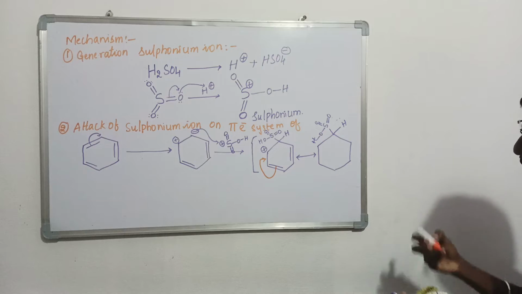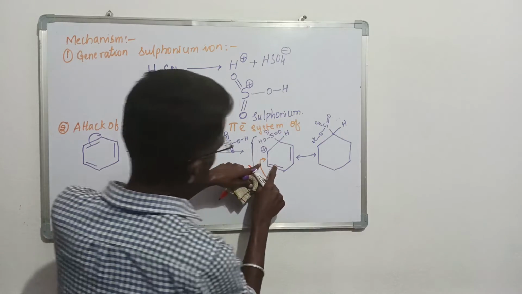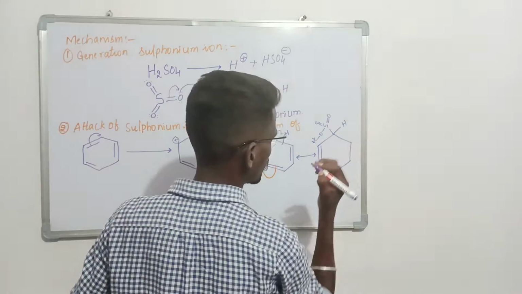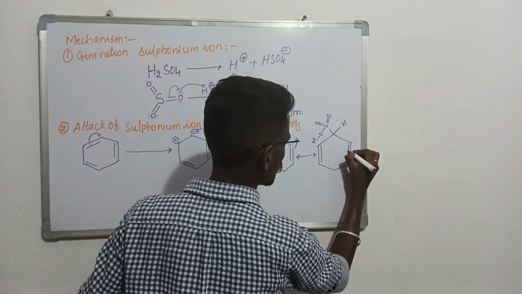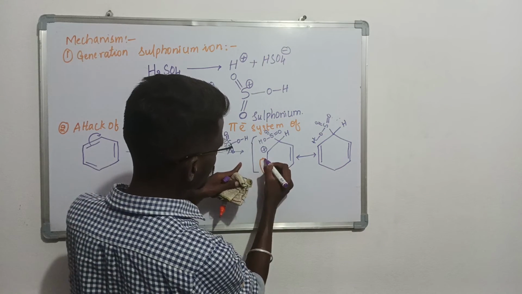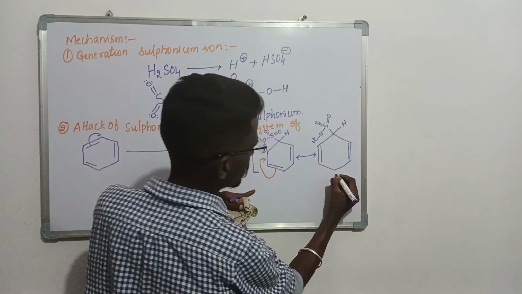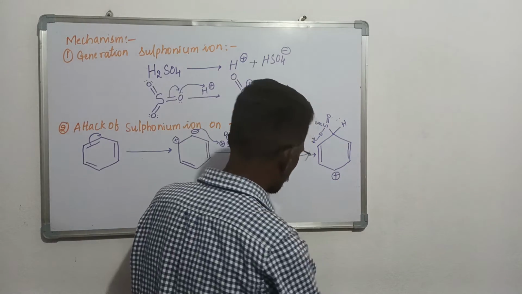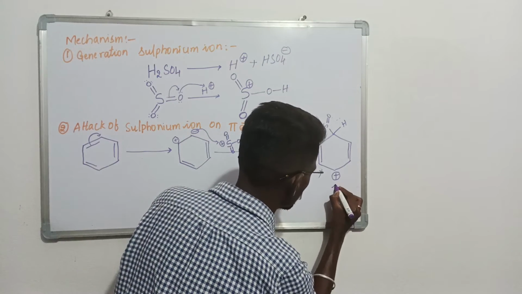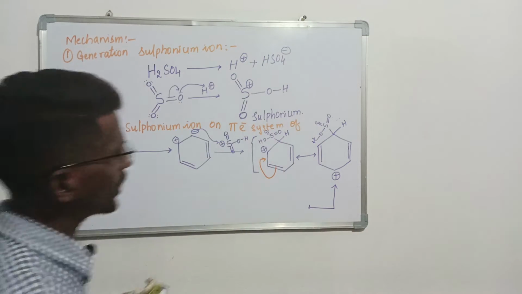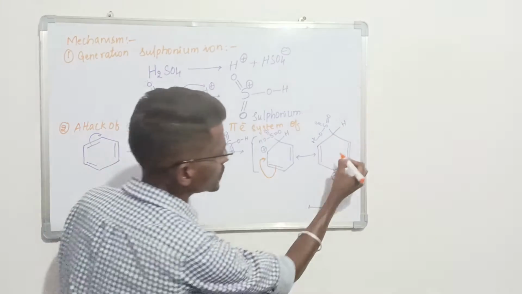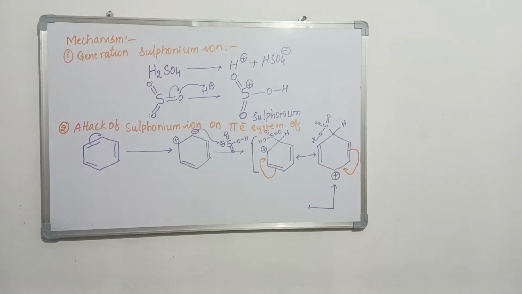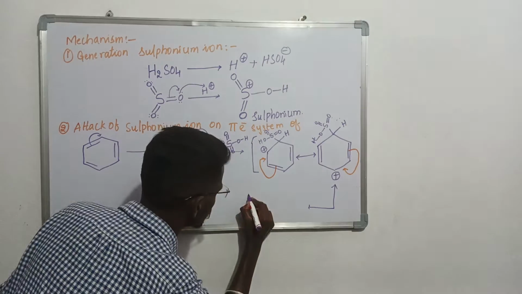HSO3 over here. These pi bond electrons are shifted towards itself, so the double bond system shifts, and the positive charge moves over here. To neutralize this positive charge, these electrons are shifted towards this bond, and it gets this structure.